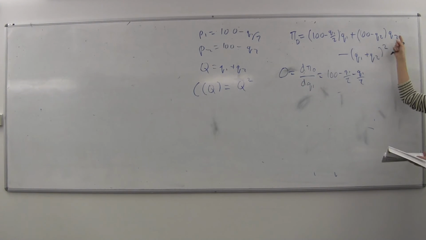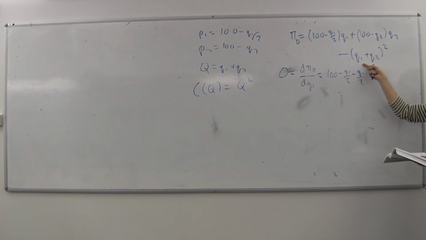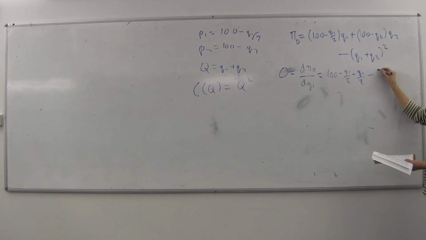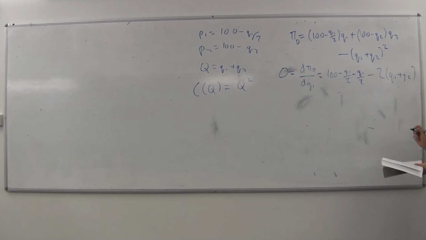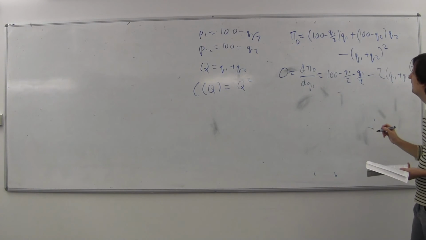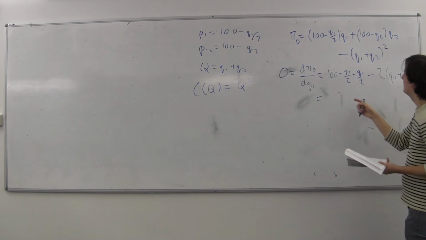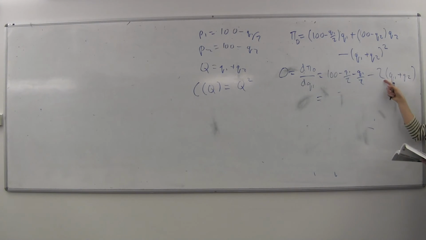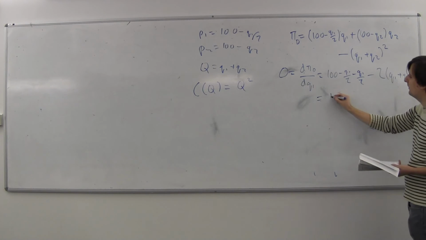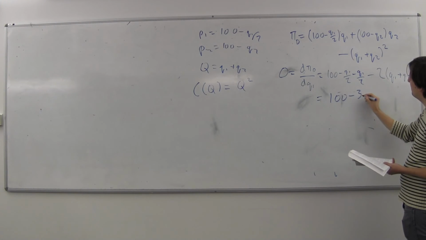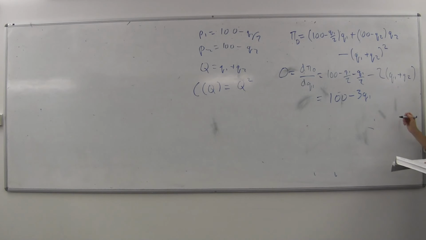Q1 doesn't appear here, but it does appear here, so we get minus 2 times Q1 plus Q2. So this is 100 minus Q1 minus 2 times Q1. So in total we have 100 minus 3 Q1 minus 2 Q2.